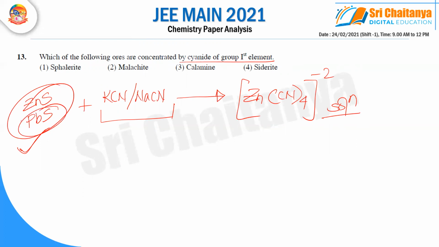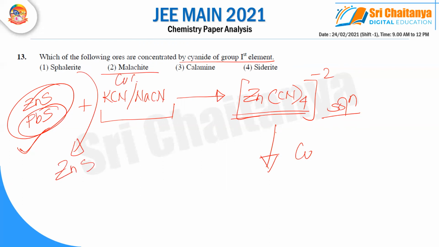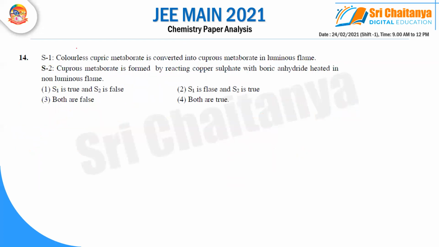So now PbS can be concentrated and separated, and after that we recover this zinc by introducing something like copper, and then the zinc is again separated, right? So here the answer is sphalerite, because sphalerite means ZnS. Malachite is basic copper carbonate, CuCO3·Cu(OH)2. Calamine is ZnCO3. Siderite is FeCO3. So the answer here is 1.